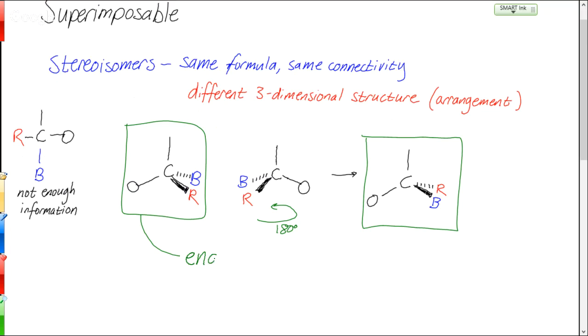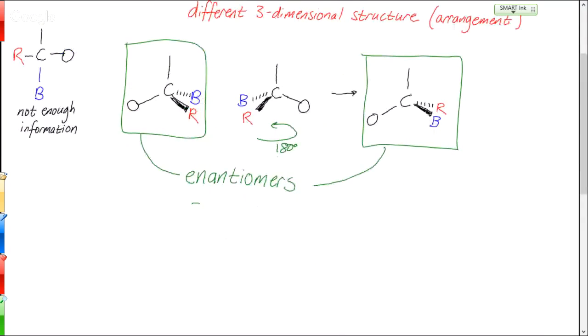They're called enantiomers. Enantiomers are non-superimposable mirror images.